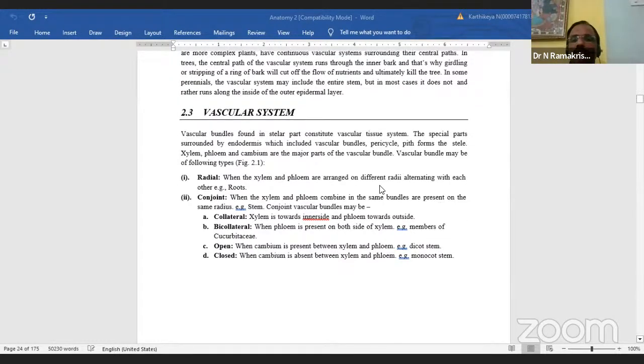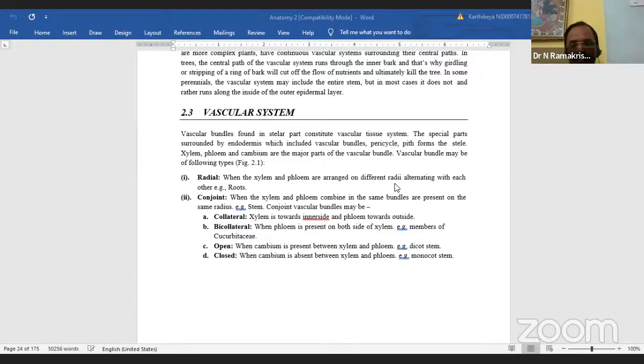When the xylem and phloem are arranged on different radii, alternating with each other, as in roots, such bundles are separate, and we call them radial bundles.